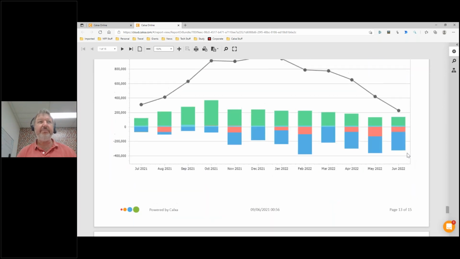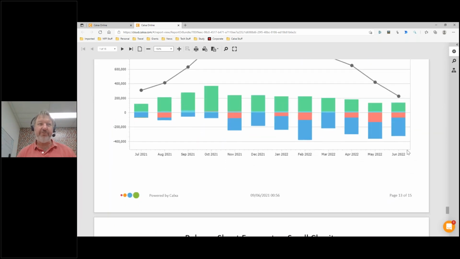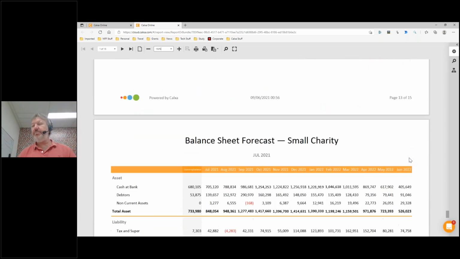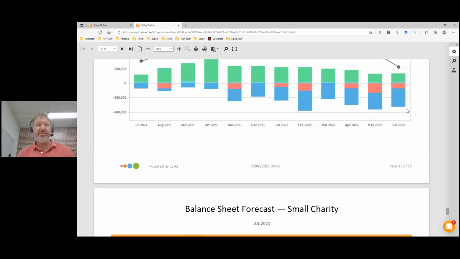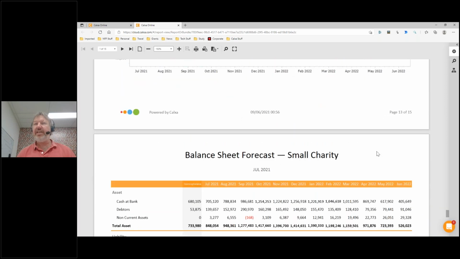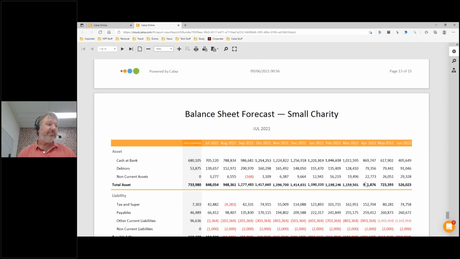I haven't got a P&L forecast here, but I'd be looking at the P&L forecast and saying, is that because our income's going to be increasing and therefore we'll be invoicing more people and there will be more invoices outstanding at the end of any one month? So look at that, see whether it makes sense, and then that gives you confidence in the reasonableness of the cash flow forecast.